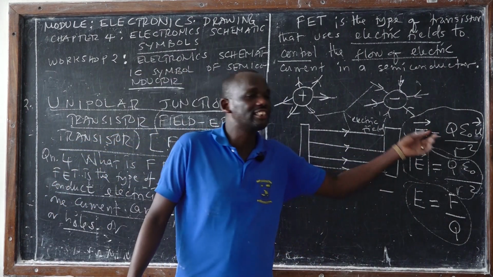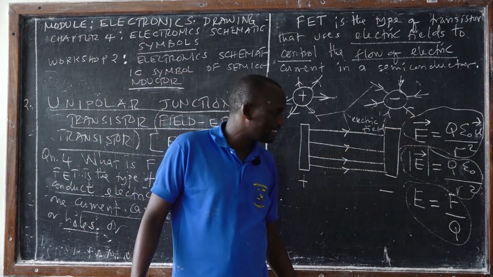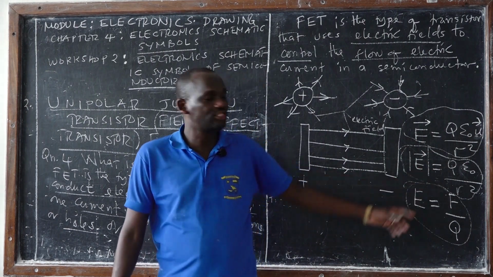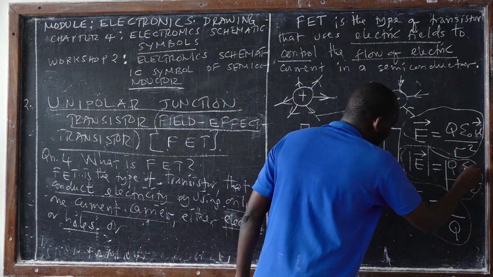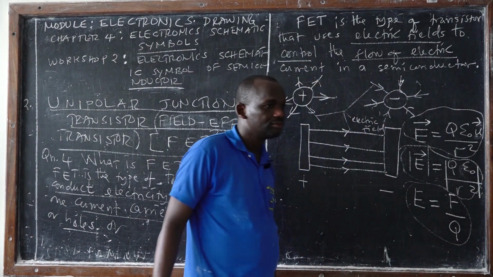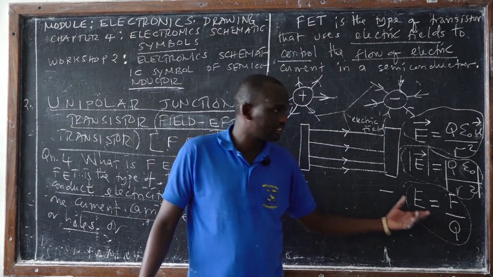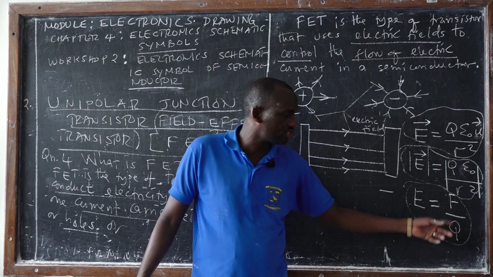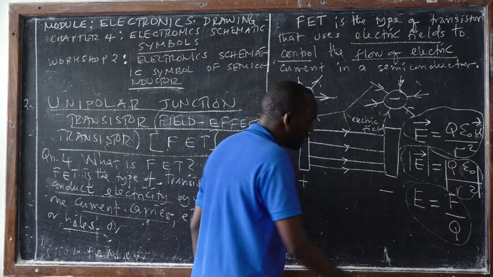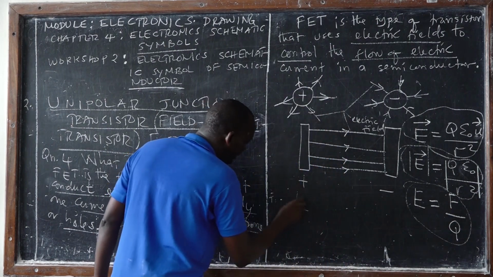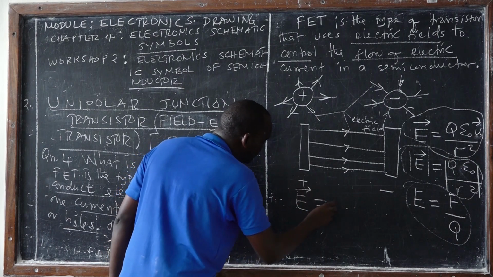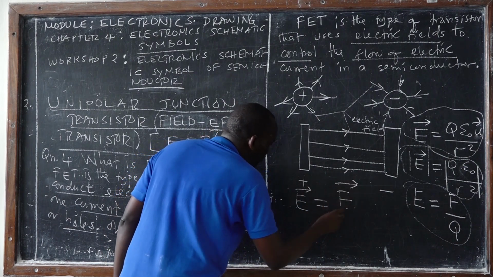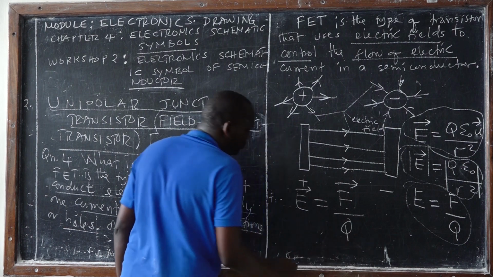So this is a vector quantity, it has magnitude and direction. This one is a scalar quantity, so we also have to find the absolute value. So electric field is equal to electrostatic force. If you want to write out the vector quantity, we say that electric field is equal to electrostatic force, which is a vector quantity, over the quantity of charge.